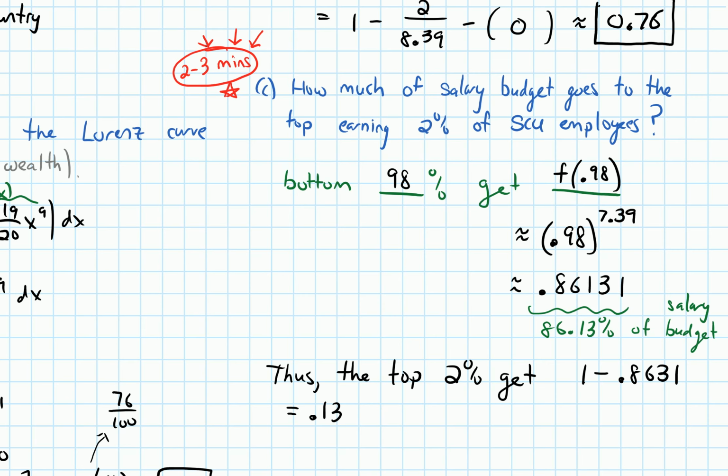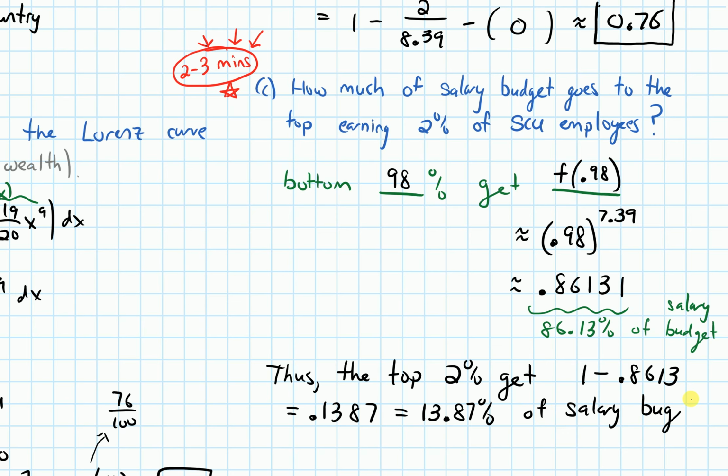Whoops, I just miswrote this. It should have been 8613, not 31. So when I subtract them, I should get 0.1387, which as a percentage is 13.87%. So they get that much of the salary budget.